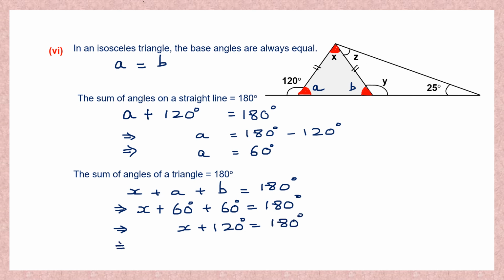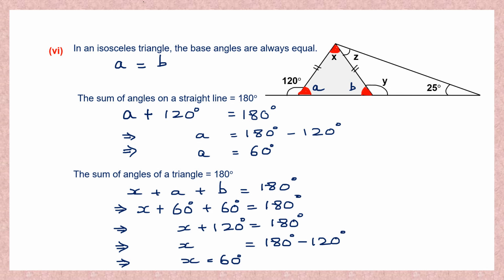So we're going to find the value of angle X by subtracting 120 from 180. So we have found the value of angle X to be 180 minus 120, which is 60 degrees. So the value of angle X is 60 degrees.